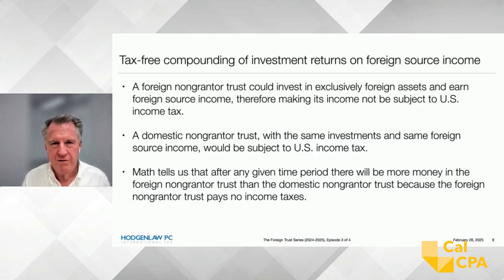After a year of income of $10,000, the foreign non-grantor trust still has $10,000. The domestic non-grantor trust is going to have $10,000 minus whatever the tax is, say $2,000. So let's say $8,000 left over after tax.